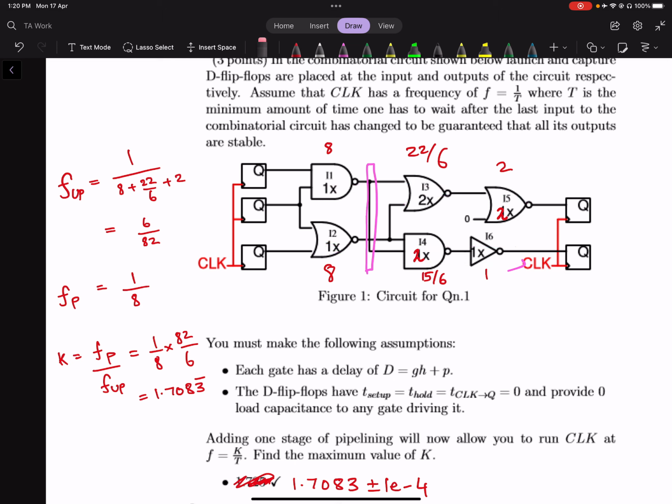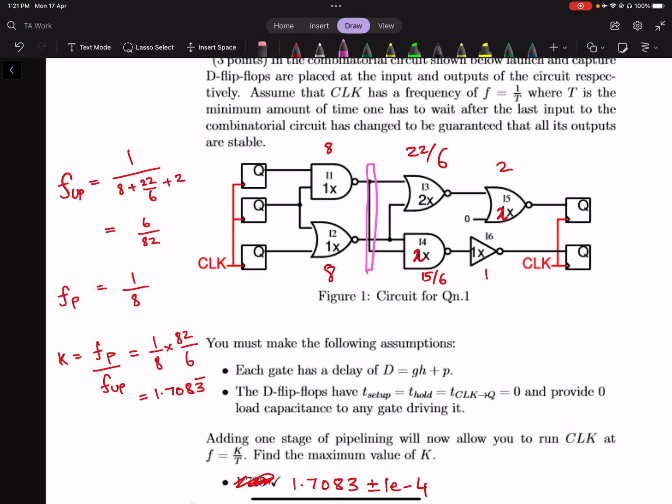And if you look at the delay-wise, the max delay is going to come from either the path I1, I3, I5, or the path I2, I3, I5. Both of them have the same delay, so the max delay is going to be 8 plus 22 by 6 plus 2. And so the frequency that you can run this unpipelined circuit at is going to be 1 over that, right?